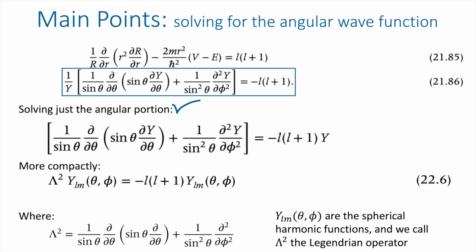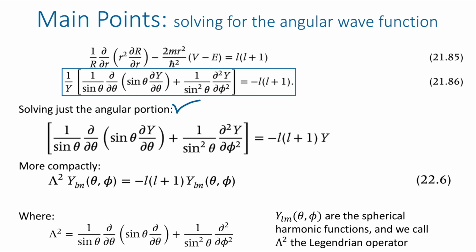So now that we've separated our partial differential equation into two separate ones, let's solve one of them. First, we chose to solve the angular wave function, or at least show how it can be solved. After some algebraic manipulation, we found that we could define an operator that we call the Legendrian operator, which is that capital lambda squared, that looks like a triangle with a side missing.